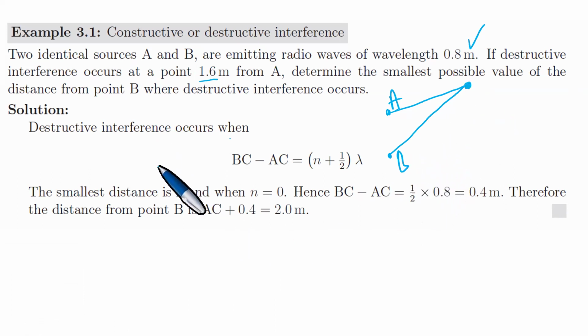These two identical sources are emitting radio waves of wavelength 0.8 meters. If destructive interference occurs at 1.6 meters, so you're going to measure here the usual x, and you're going to call it 1.6 meters from A, determine the smallest possible value of the distance from point B where destructive interference occurs.